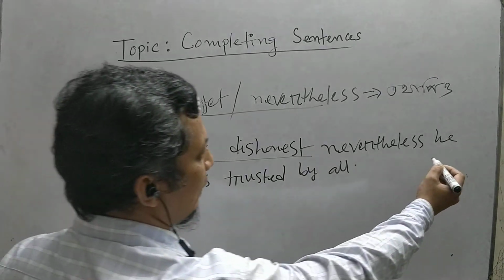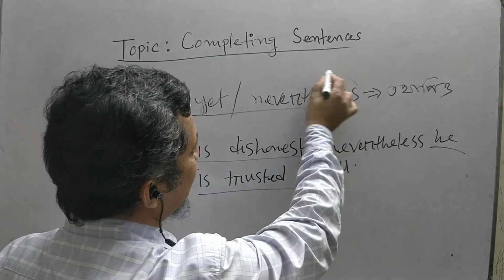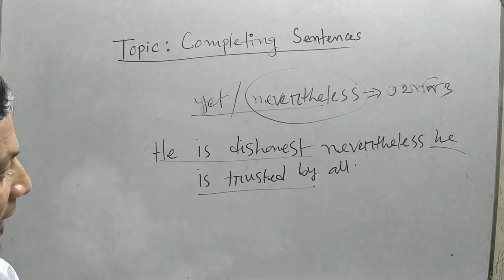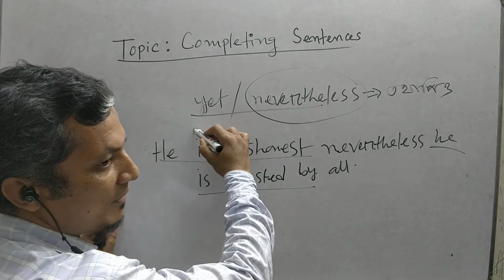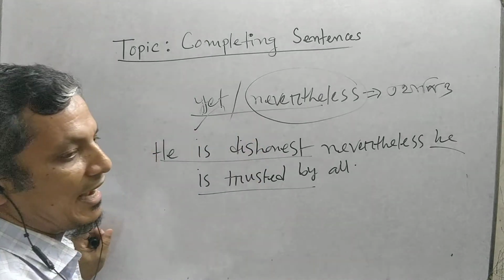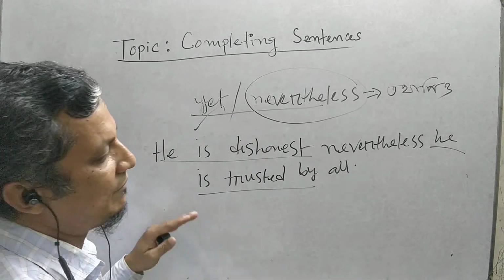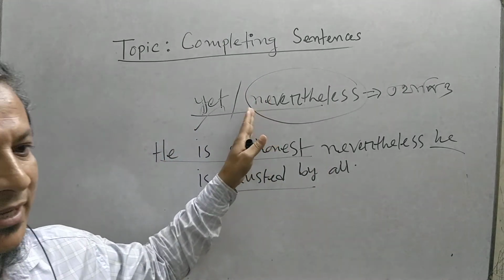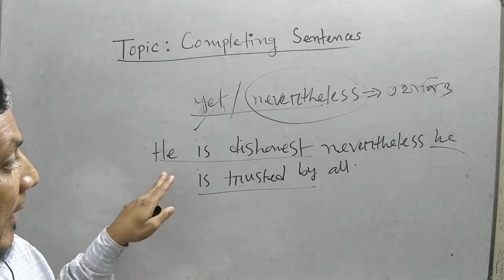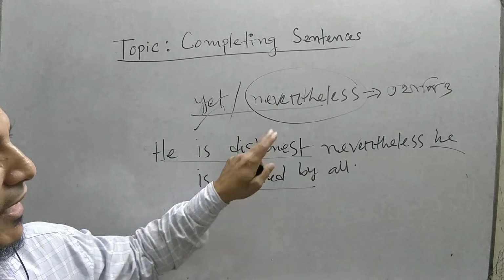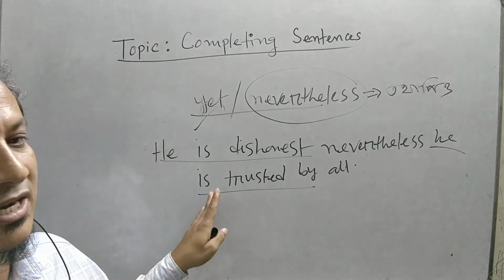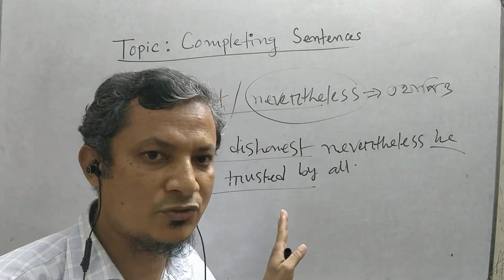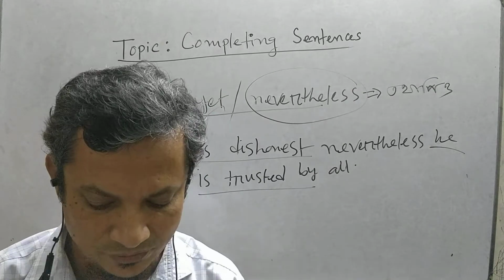The answer is also in present indefinite tense. This is used for two terms, where one sense will be negative and the other will be affirmative or positive. My dear students, am I clear to you? He is dishonest. Nevertheless, he is trusted by all. My dear students, am I clear to you? Okay, my dear students, thank you.